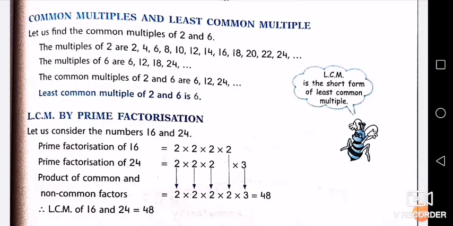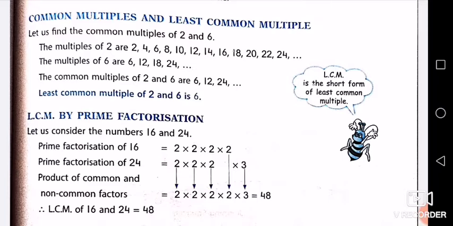common multiples and least common multiple. Now what is a common multiple? Common multiples means if you have been given two numbers and you write down the multiples of the given two numbers, then you start finding the common multiples among the multiples of the two numbers.